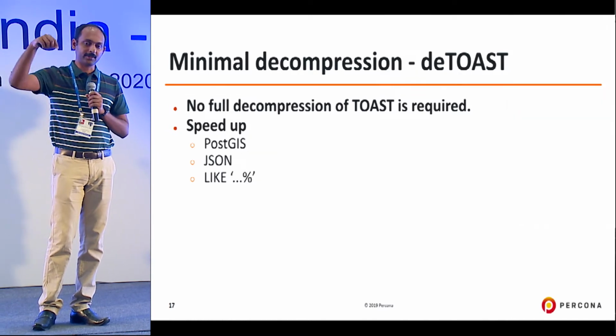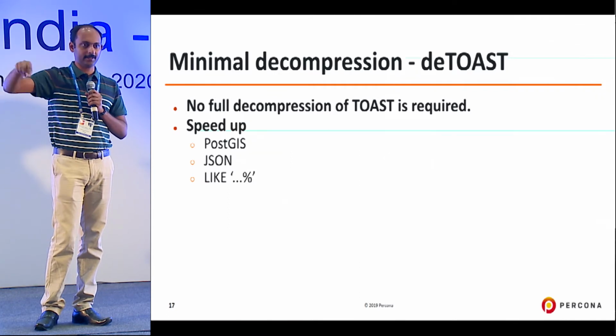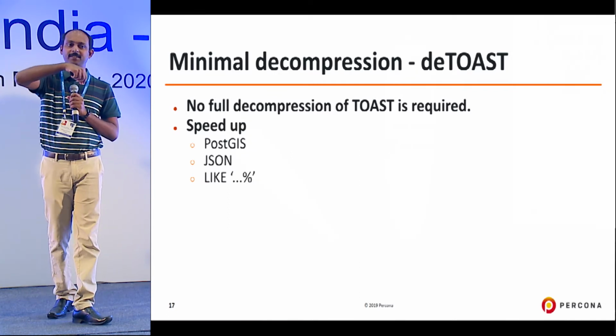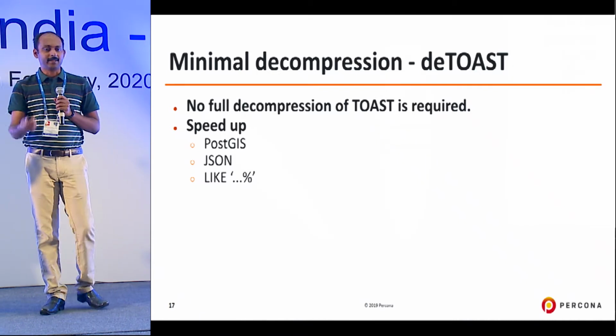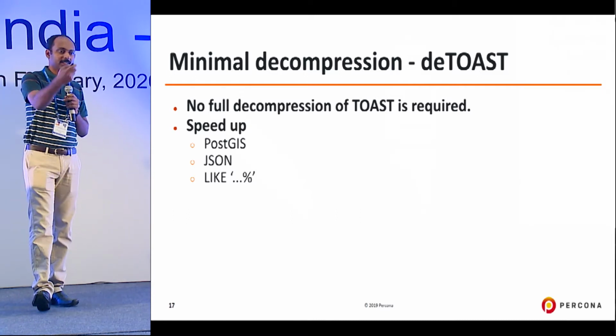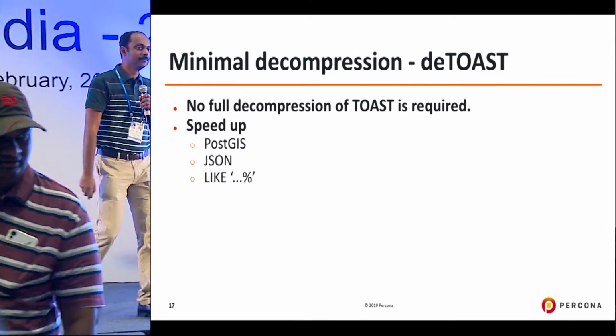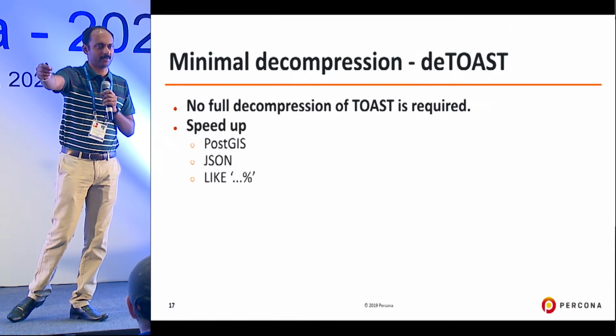If you are querying on that column, say a JSON which is stored externally, that block needs to be fetched. The user doesn't have to worry about that. It's how it works internally. It's a separate block.